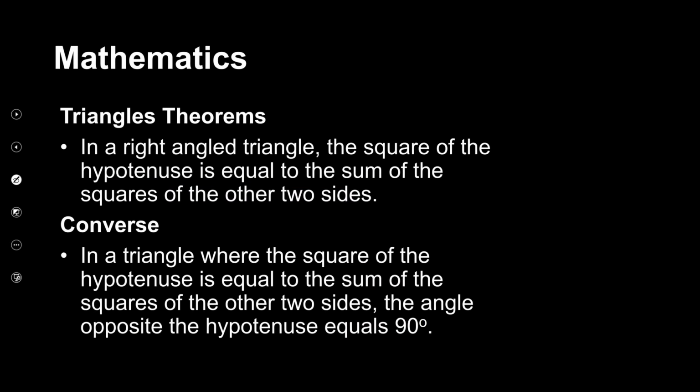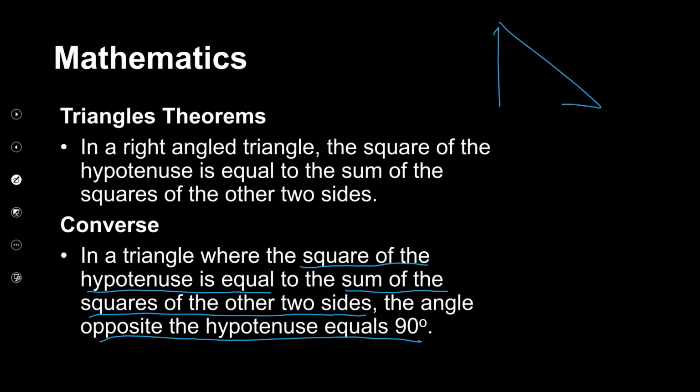The converse of this will be if in a triangle I have the square of the hypotenuse being equal to the sum of the squares of the other two sides, then the angle that is opposite the hypotenuse side will be 90 degrees. As you all know that the hypotenuse side is always the one that is opposite the 90 degrees, right? And the short way of writing hypotenuse is normally HYP, right?